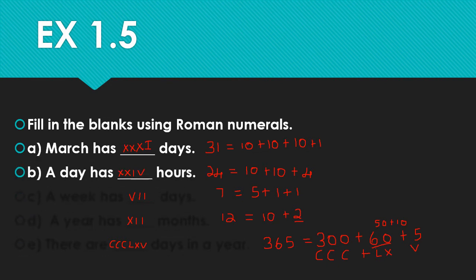Next B, a day has dash hours. A day has how many hours? 24 hours. So 24 you can split as 10 plus 10 plus 4.